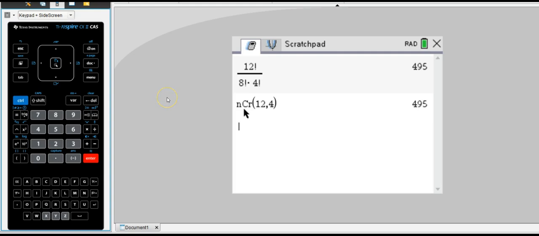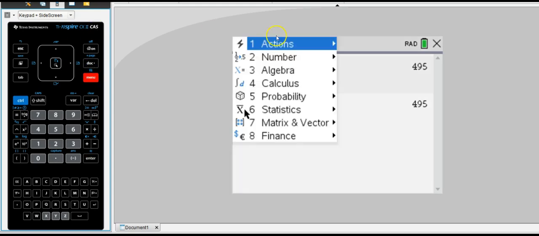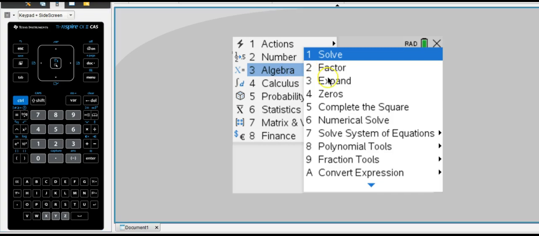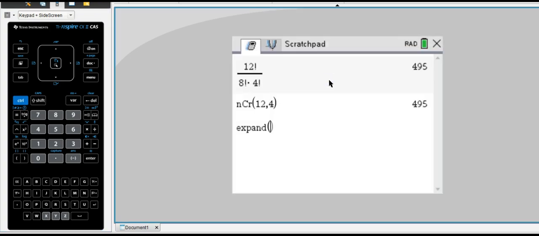Also, I wanted just to show you that you can expand a binomial if you have a CAS version. If it's the CX CAS version, you can go to Menu and Algebra and Expand, and you can type in. I have to open another set of parentheses.